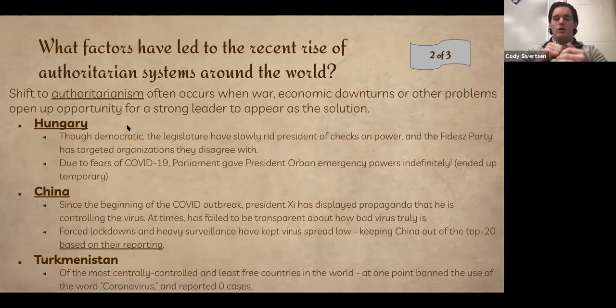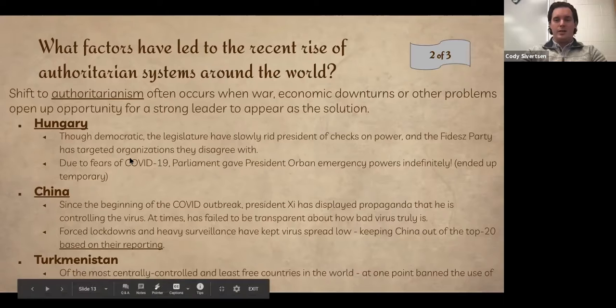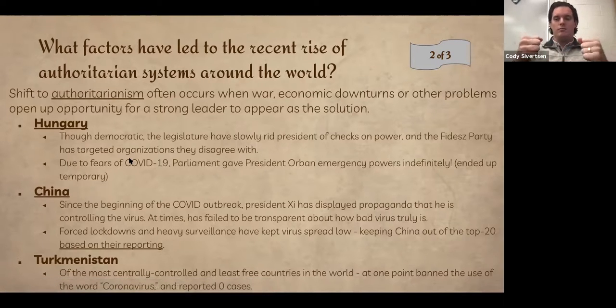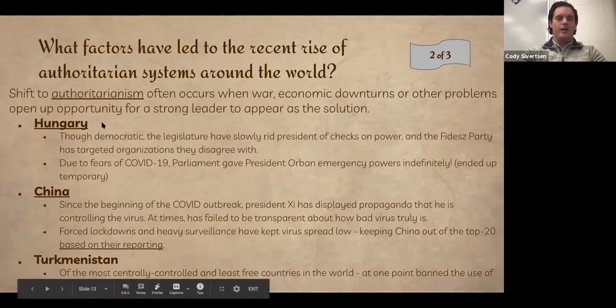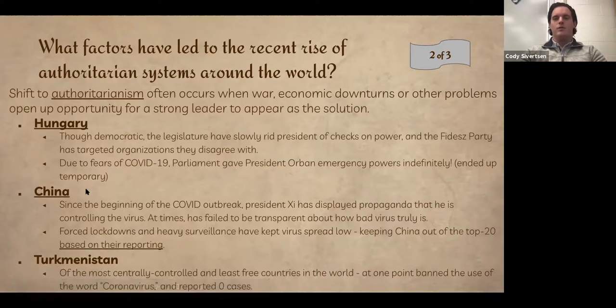And so my big example here was certain countries that have taken advantage of the pandemic, and the leaders have used that as a way to take a firmer grasp of power. So these were the three examples that I used. Once again, put a couple links of specific examples of that.